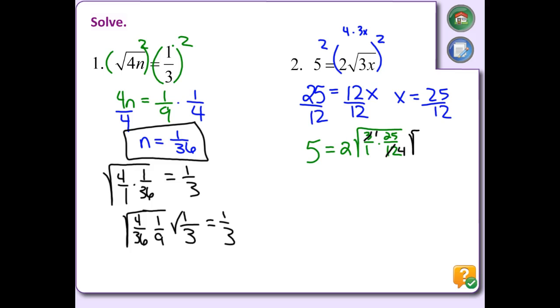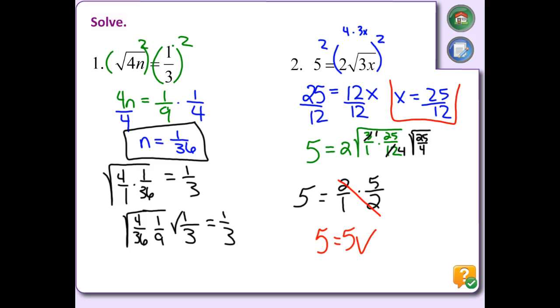So now I've got the square root of 25 over 4, which gives me 2 over 1. The square root of 25 is 5. The square root of 4 is 2. And hopefully you realize that my 2's are going to cross cancel. So we get 5 equals 5. That's your check. So this is an answer.